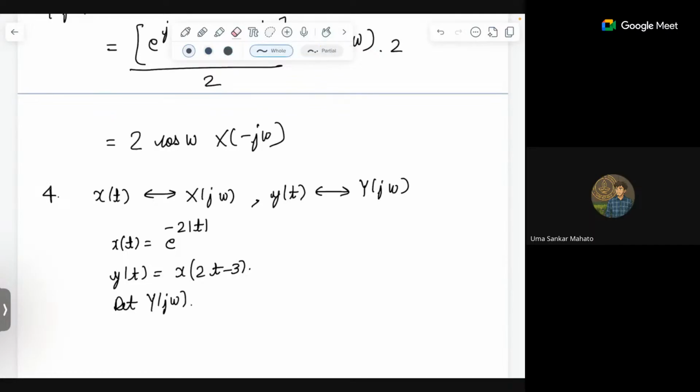So first you will use the properties here and get y of j omega in terms of x of j omega. Once you get that, then you will substitute x of j omega with the Fourier transform of this and you will finally get your answer. Start solving. 5 minutes would be fine or 3 minutes. 3 minutes, I'm fine. All right, then take 3 minutes and then tell me the answer. Start solving.